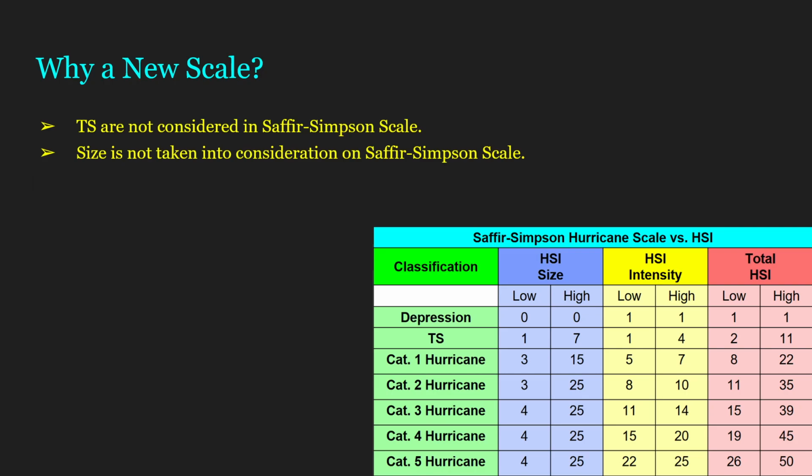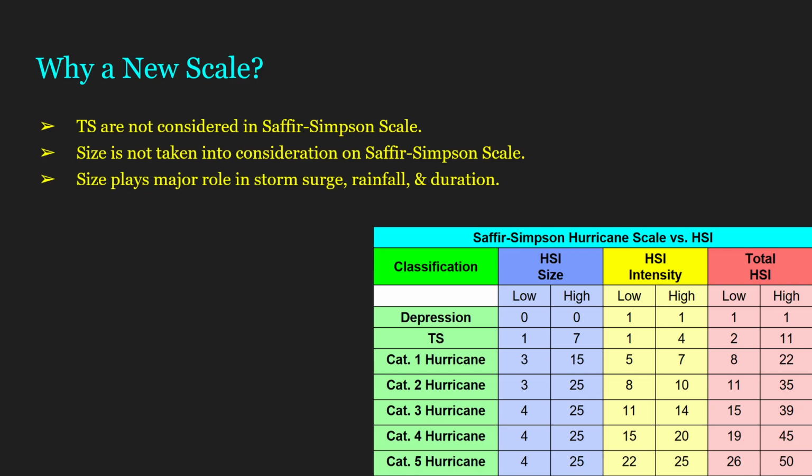Also, size is not taken into consideration on the Saffir-Simpson scale at all. And size plays a major role in the storm surge that you're going to get, the amount of rainfall that you're going to receive, and the duration of the storm, the time that the storm will be over your area.